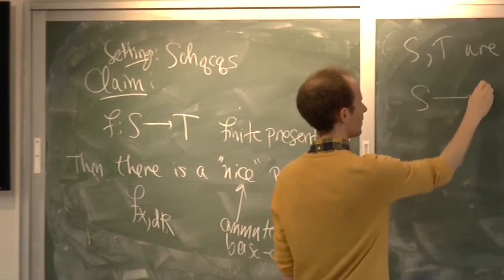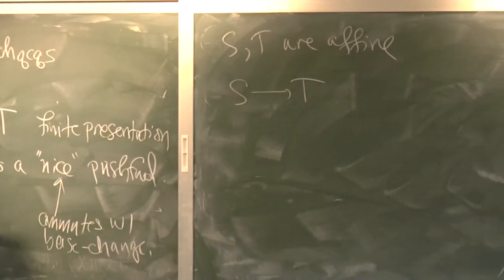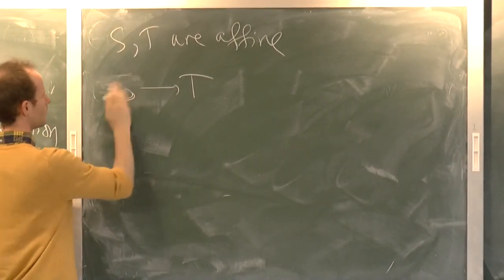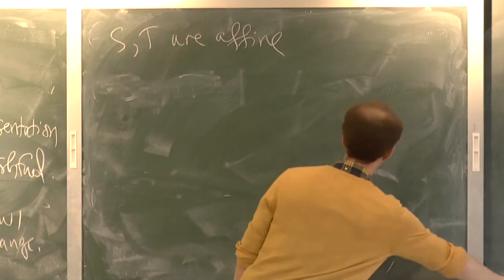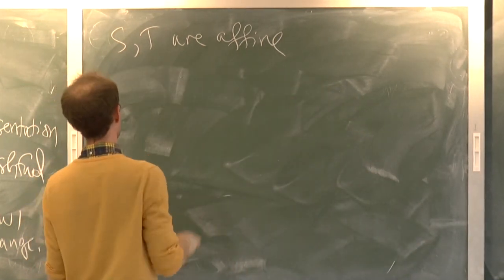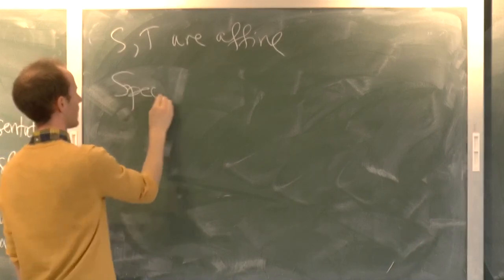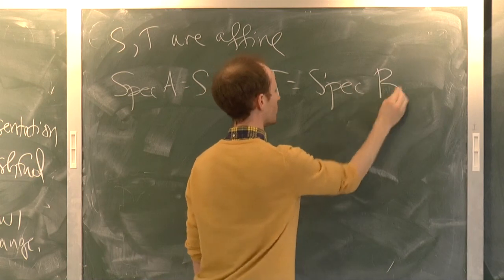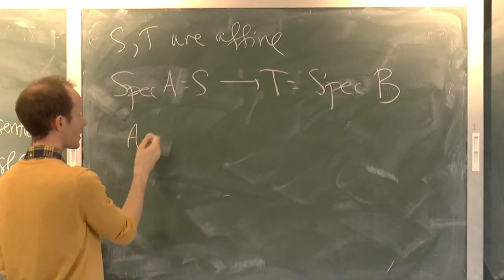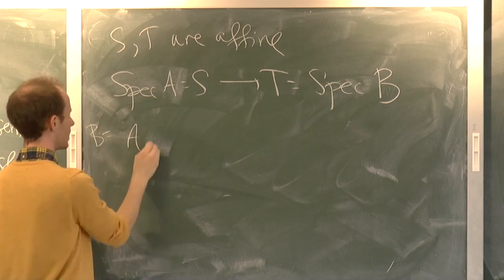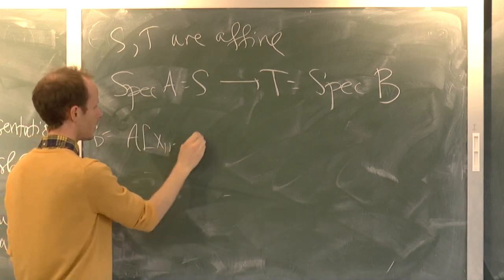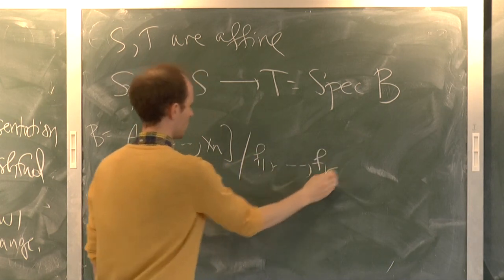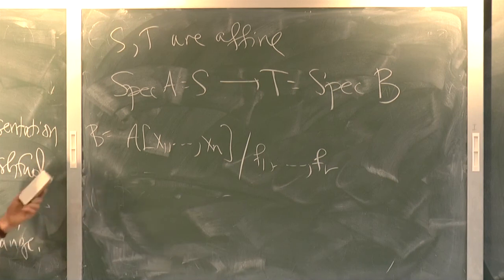I can take my map from S to T. Let's say S is Spec A, mapping to T, which is Spec B. What it means that it's finite presentation is that B is equal to A[x1, ..., xn] mod some finite set of polynomials with coefficients in A.